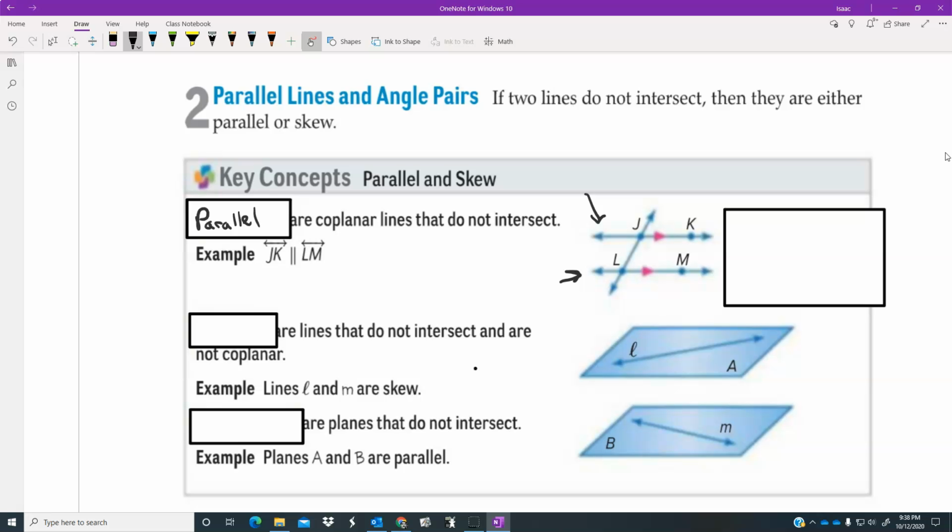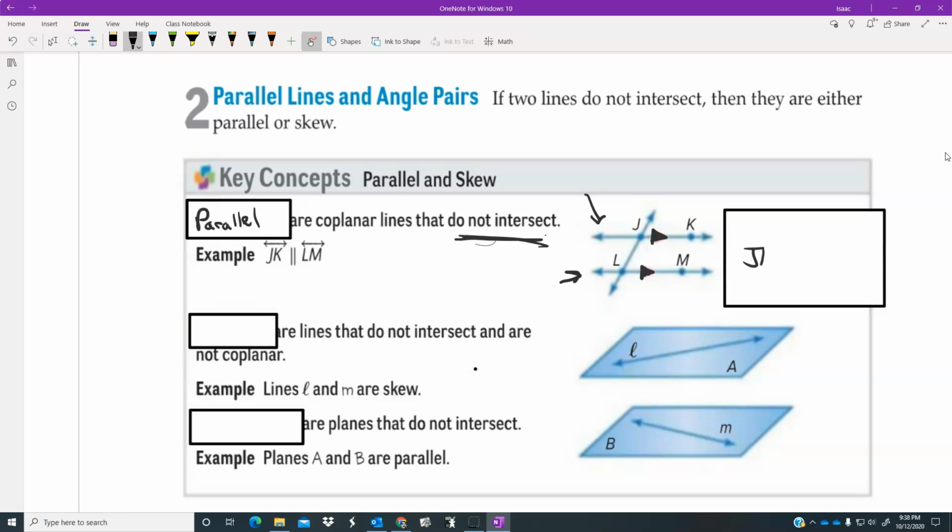Now, parallel means the 2 lines never intersect one another. And to make sure that we can draw that correctly, we would put on the parallel lines a filled in triangle, noting that those 2 things will never intersect one another. That's the parallel symbol in a picture.